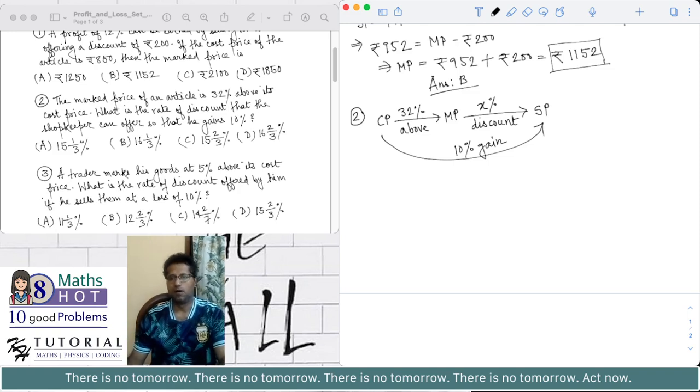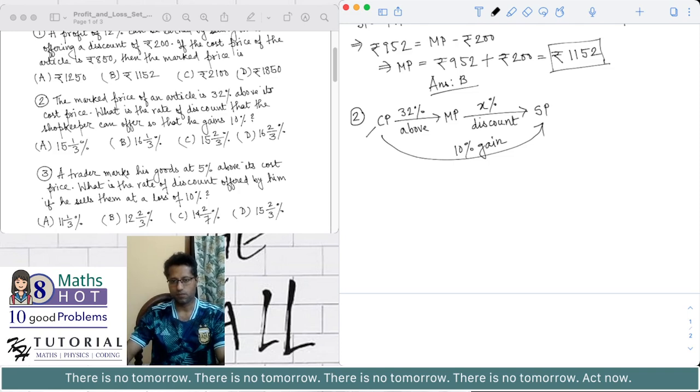Now usually this kind of problem, the way I solve it is that since the cost price is not given, you can compute the selling price in two ways. One is directly from the cost price, and that there is a 10% gain. So the selling price will be 10% more than the cost price.